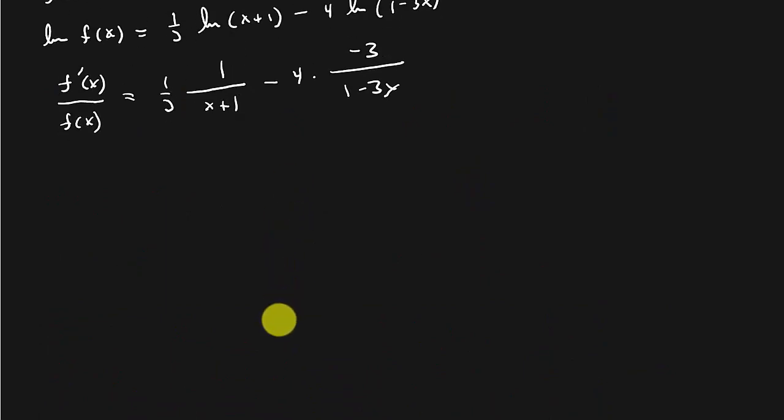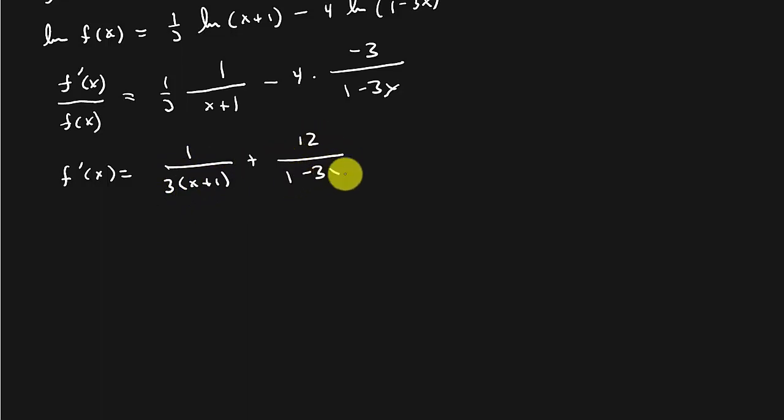All right, so now I get f prime of x is equal to 1/3 times x plus 1 plus 12 over 1 minus 3x, right? And do I distribute the 3? If you want to, you can. You don't have to. Whatever floats your boat.